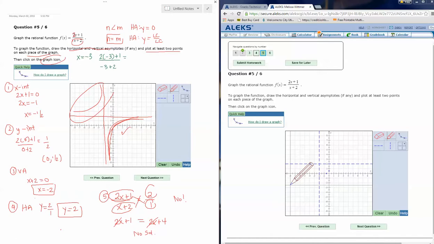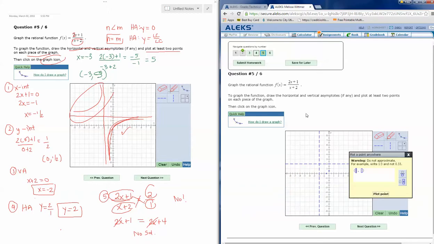On top that's -6 plus 1, which is -5, and on the bottom -3 plus 2 is -1, and that simplifies to 5. So I can plot a point (-3, 5). So let's go ahead and graph, and I'm going to pick this point plotting tool here, and I'm just going to type in -3, 5. Plot the point.